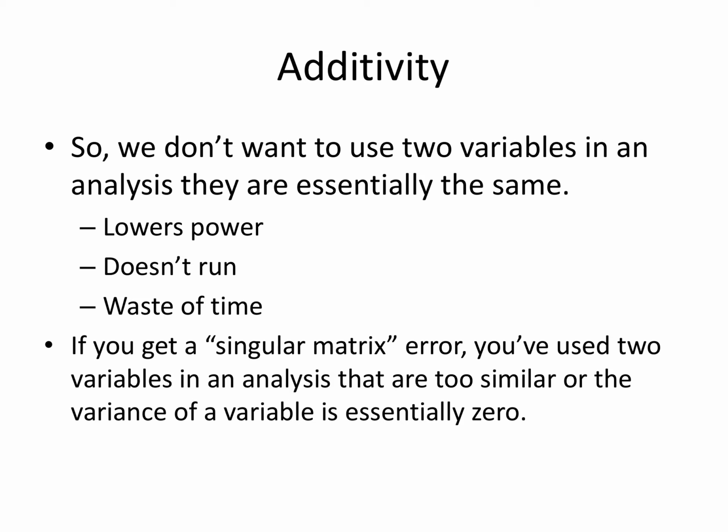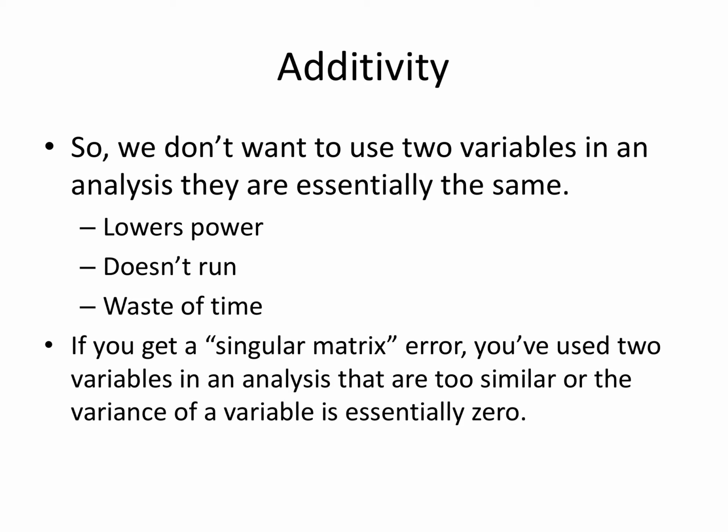So, a real life data example: I was working with a data set, went to reverse code an item, mistyped the variable name, and included both items, the original and the reverse coded. We kept getting this error message because those are the same item at that point. A reverse coded item and a regular item are perfectly correlated, so it just would not run.